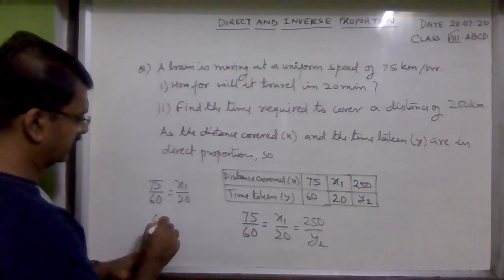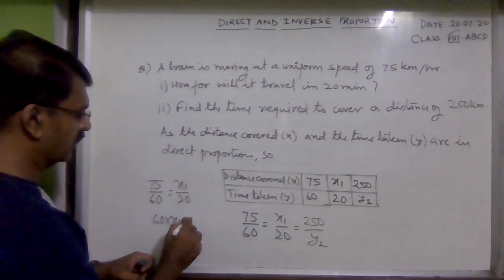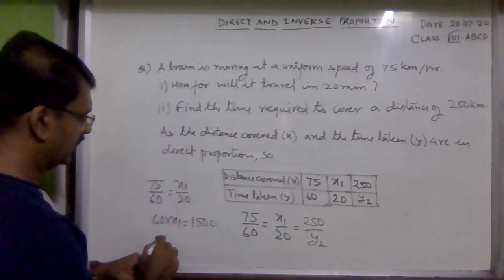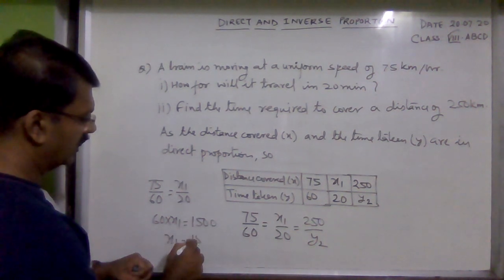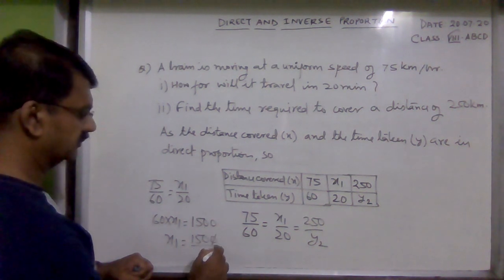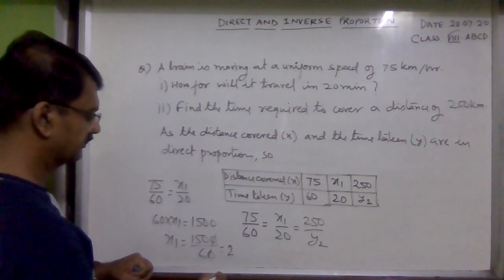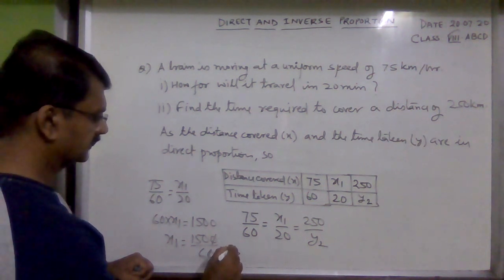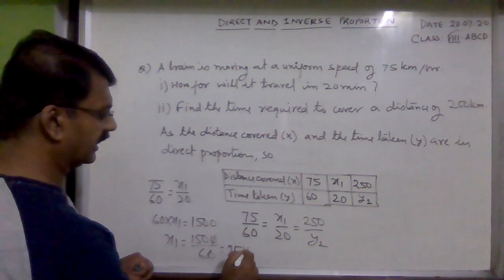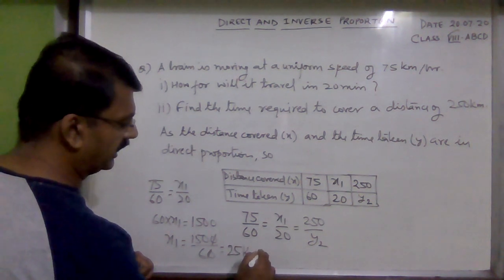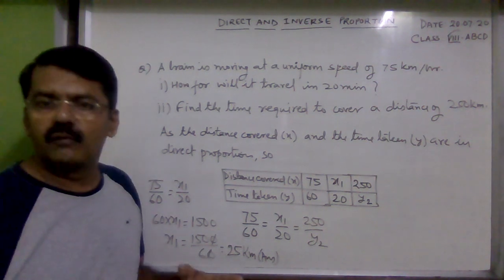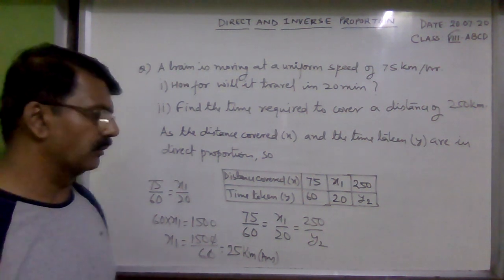So 60 into x1 is equal to 75 into 20 is 1500. So x1 is equal to 1500 upon 60. So x1 is 25 kilometers. So in 20 minutes, the distance covered by the train will be 25 kilometers.